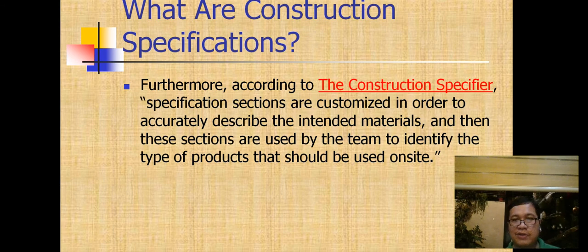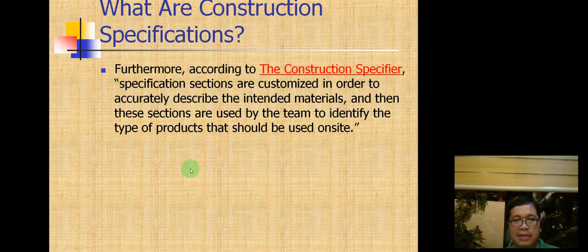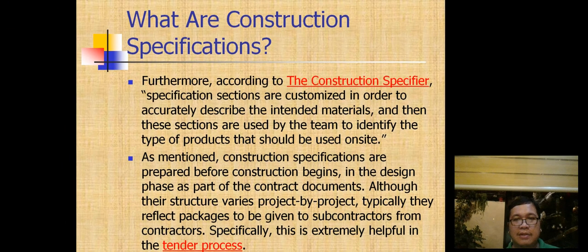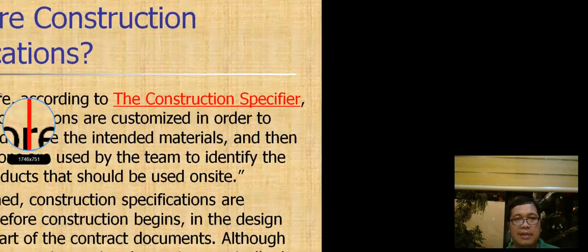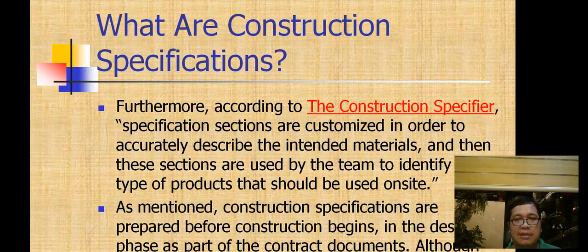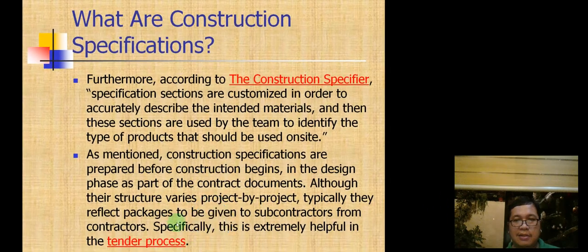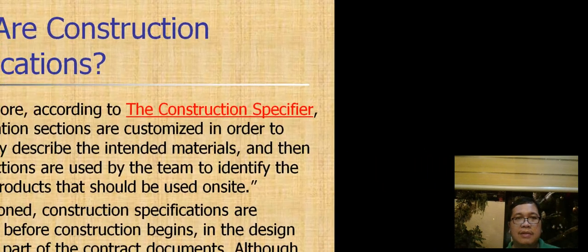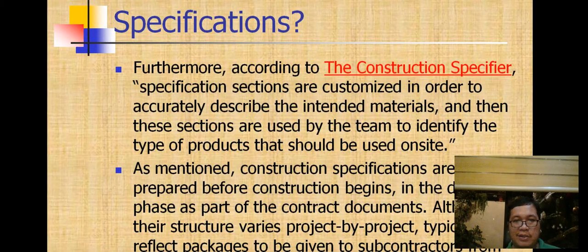Specification sections are customized in order to accurately describe intended materials, and then these sections are used by the team to identify types of products that should be used on site.